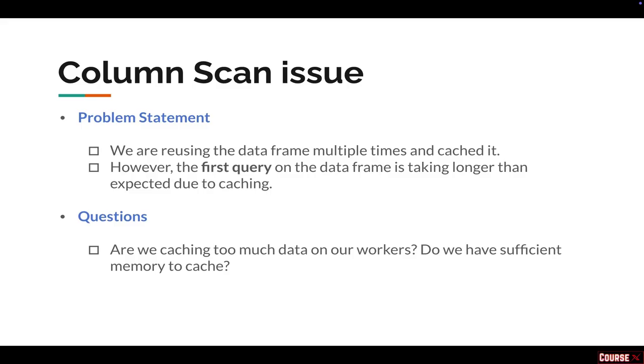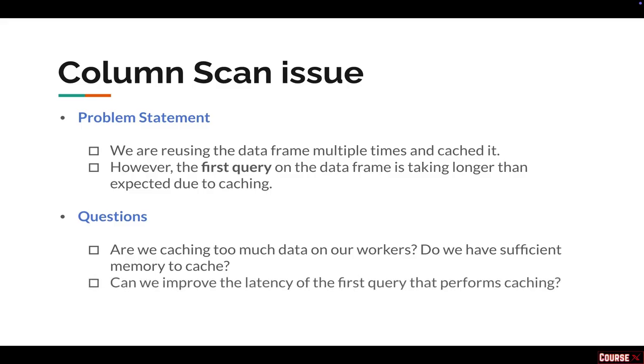So do we have sufficient memory to cache the data? Next, can we improve the latency of the first query that performs caching? They are concerned that it is taking longer, and that is why they are asking if its latency can be improved so that it performs faster.